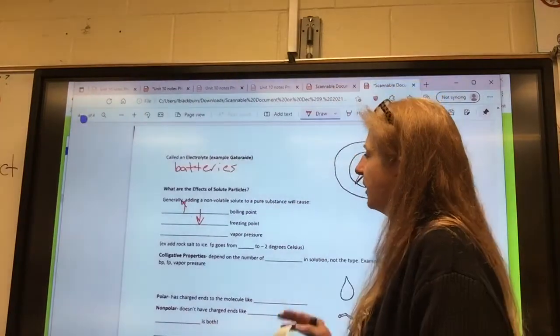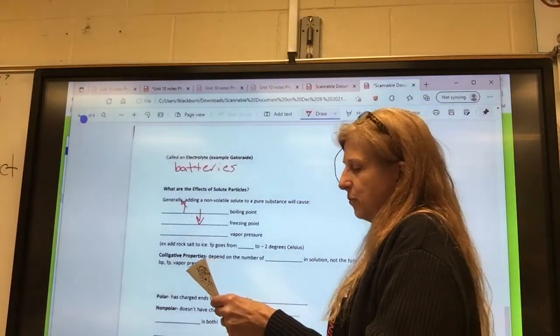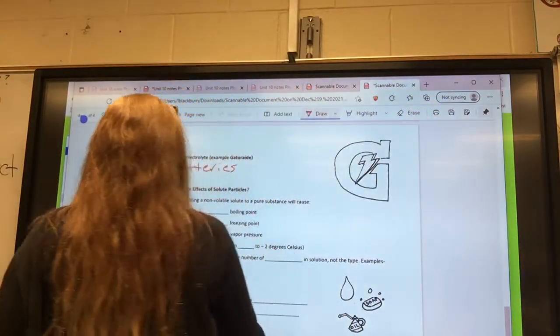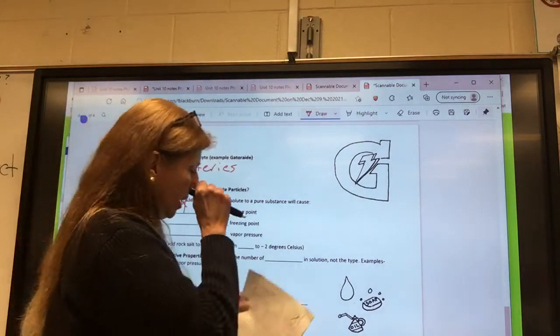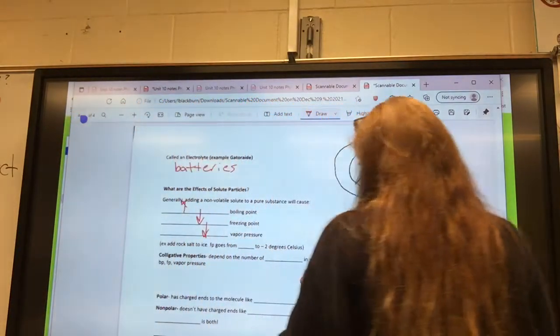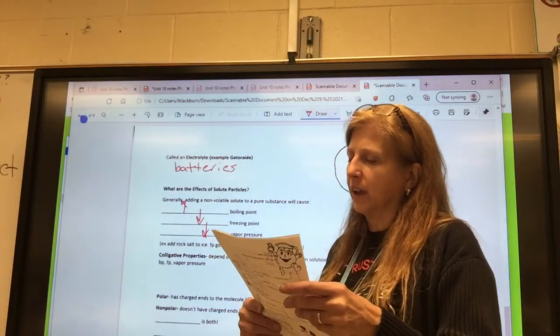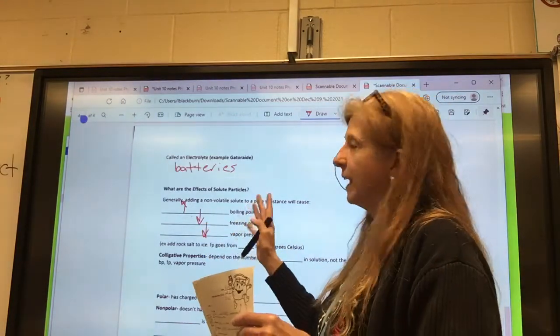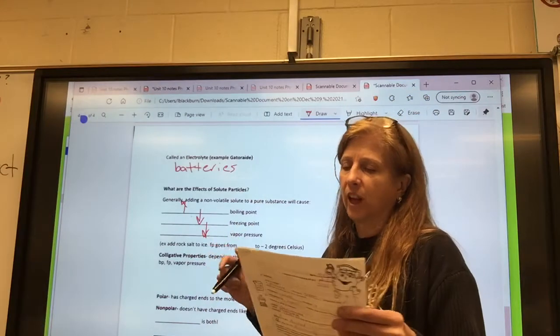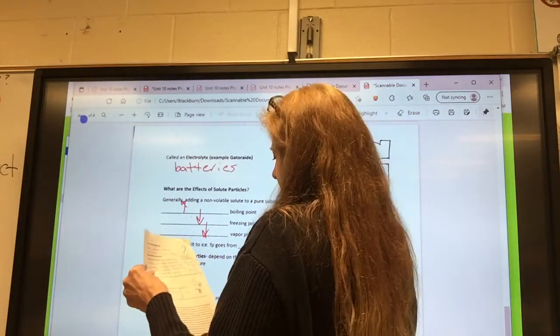We're all fancy. The other thing is the vapor pressure will also be lower if you add salt to it. Now there's another thing where you can calculate this. There are formulas that go with this. I'll write it.